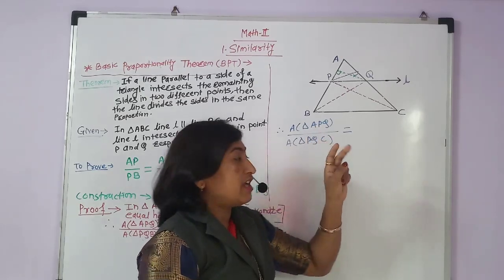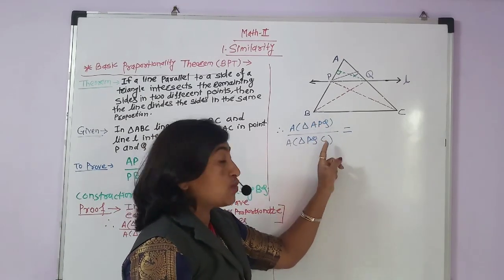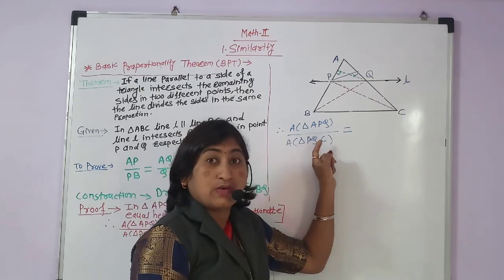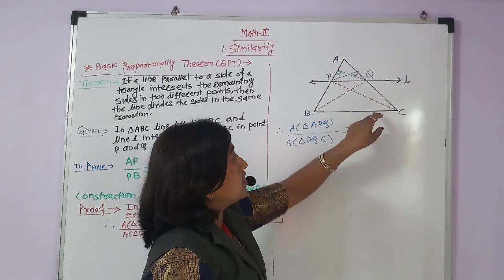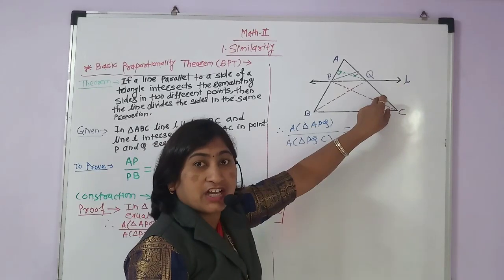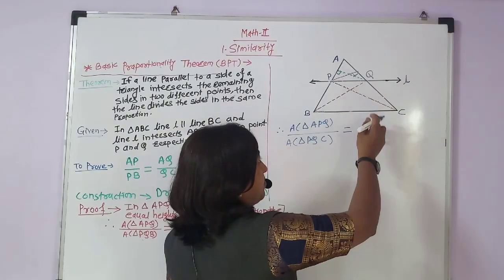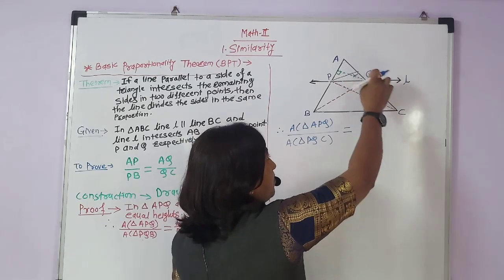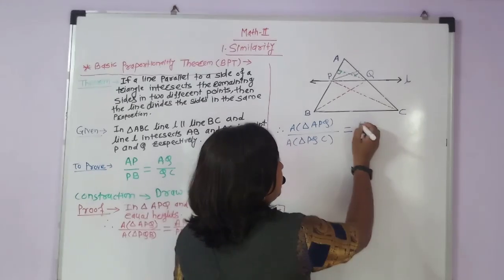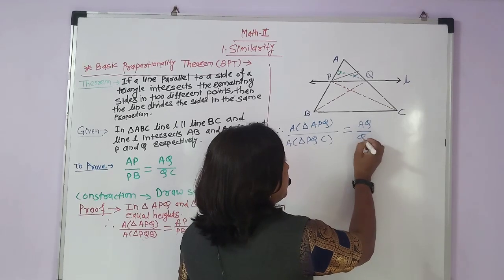Therefore, the ratio of areas of these two triangles is equal to the ratio of their corresponding bases, that is AQ upon QC.